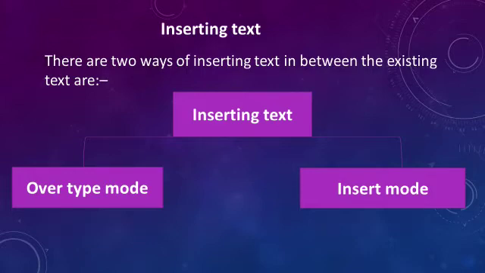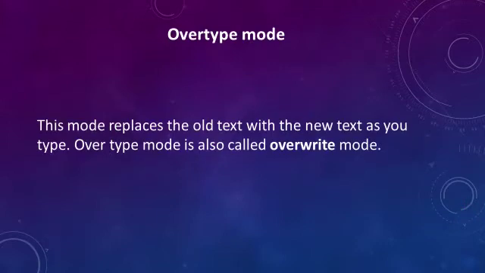There are two ways of inserting text in between the existing text: first, overtype mode; second, insert mode. In case of overtype mode, the mode replaces the old text with the new text as you type.